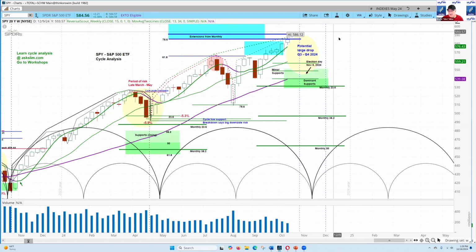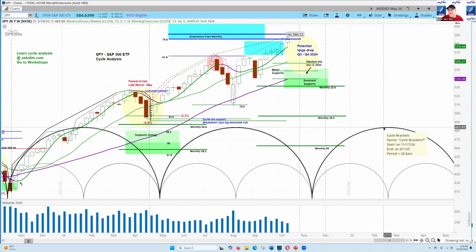Now, when you look at that and you want to project out into the longer term, you can see why we have believed that the bull market couldn't end until sometime next year, maybe early next year, maybe somewhere in the first quarter or late first quarter, looking at this.